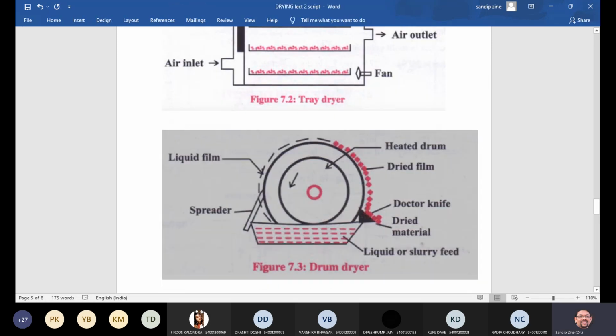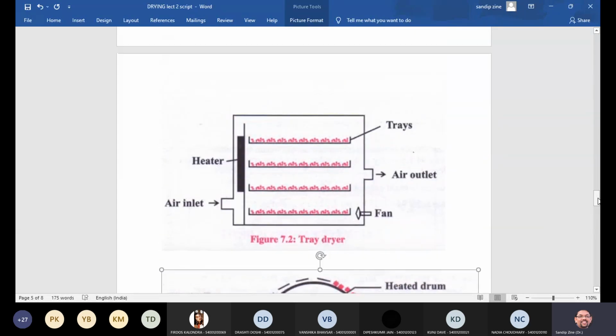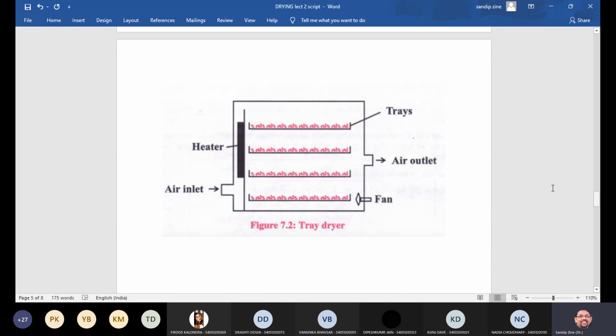If you see the book of Subramanyam, you will get all these images in that book, and the same images I have copied over here for our discussion, so that on these pointers we will discuss each individual dryer.